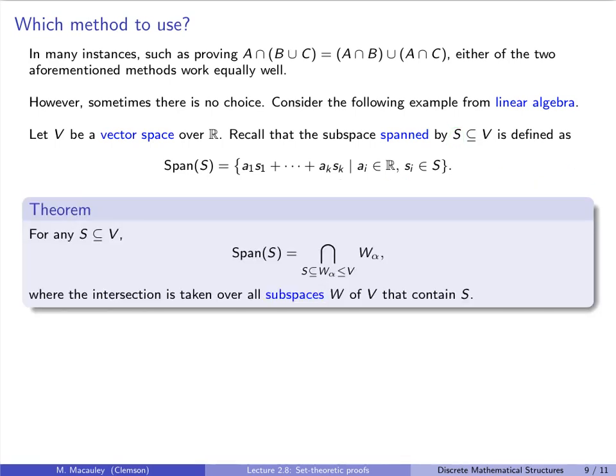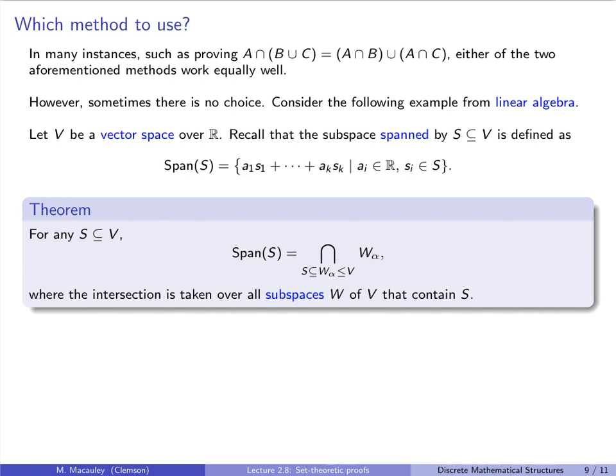And I claim that for any subset S of vectors, finite or infinite, the span of that subset is equal to the intersection of all subspaces W alpha that contain S. This is the set containment symbol, and this less than or equal to means not just is it a subset of V, but it's a subspace of V. So here's how you should think about this.